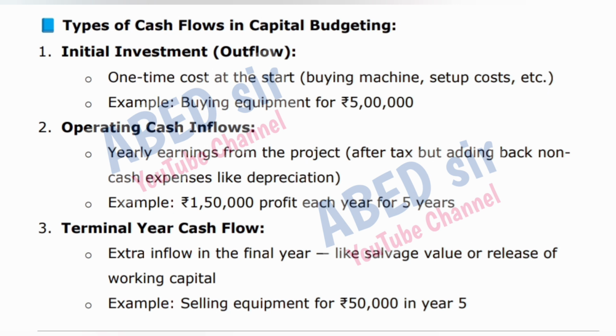Example, 1,50,000 rupee profit each year for 5 years. 3. Terminal year cash flow. Extra inflow in the final year, like salvage value or release of working capital. Example, selling equipment for 50,000 rupees in year 5.